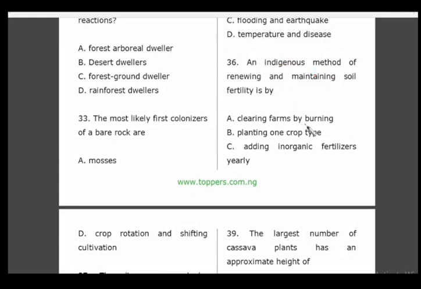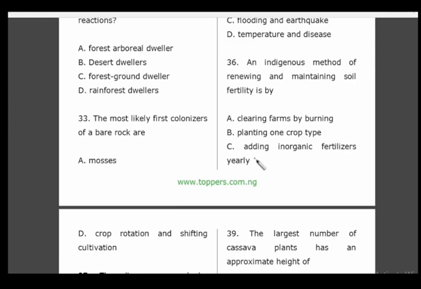So clearing farms by burning will definitely kill soil fertility because it will kill off the microbes in the soil, so that will not be our answer. Then planting one crop type will definitely not lead to soil fertility because the point will come where the soil will no longer be fertile for that particular crop because it would have used up the nutrients to actually carry out the germination of that particular crop type.